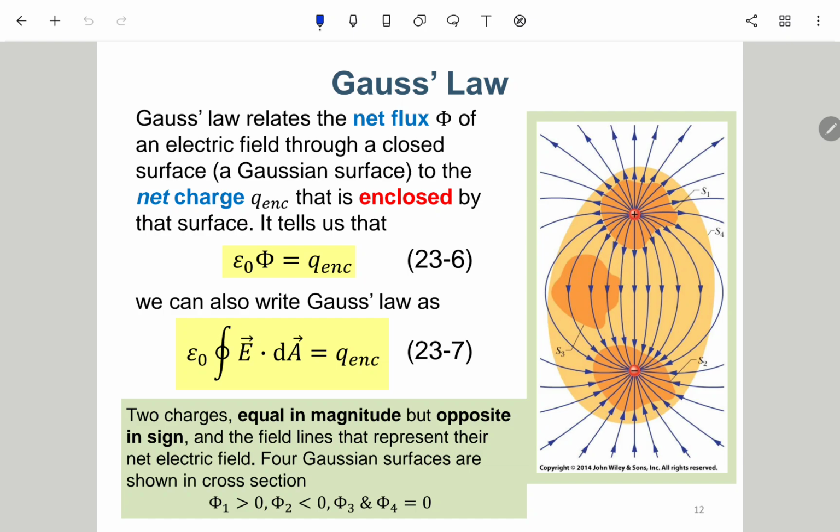Okay, so here it says Gauss law relates the net flux phi of an electric field through a closed surface, a Gaussian surface, to the net charge Q enclosed by the surface. It tells us that epsilon naught times phi equals Q enclosed. So it's just a multiplication, something similar to F equals MA. F equals MA is a product.